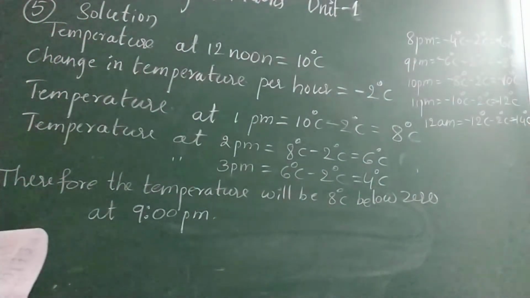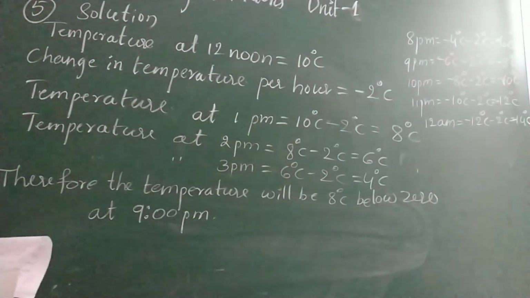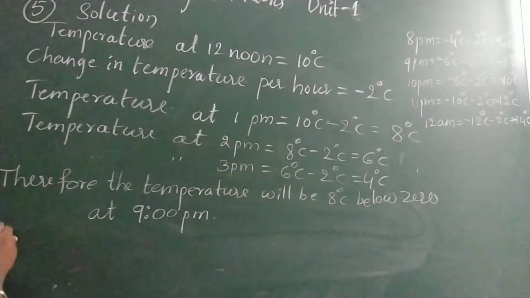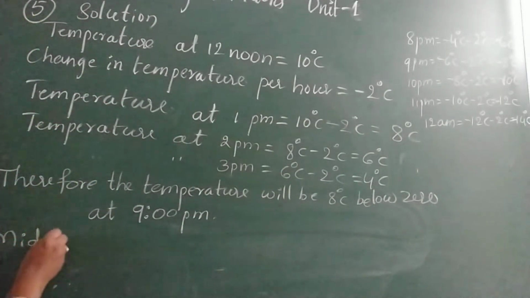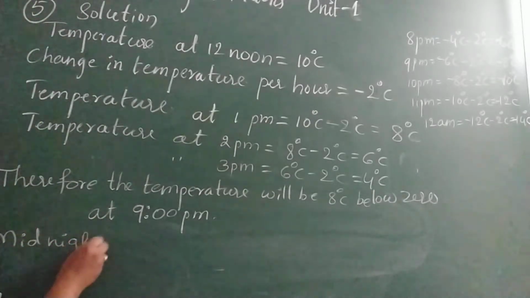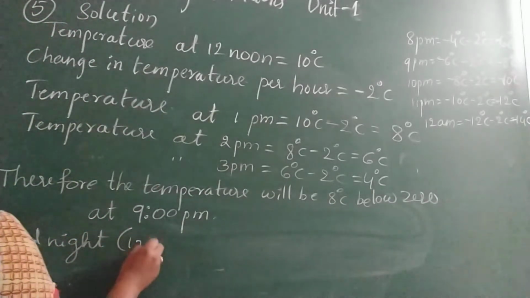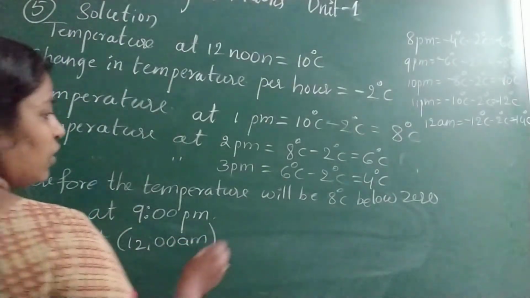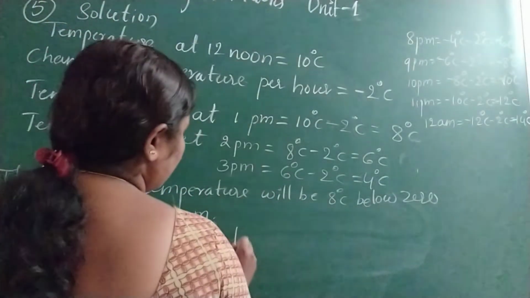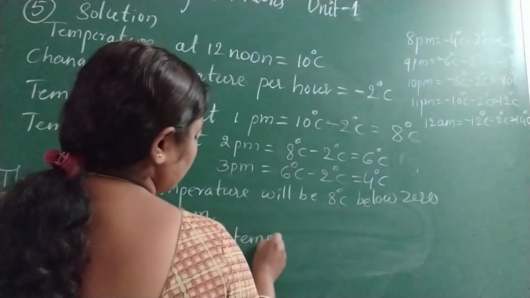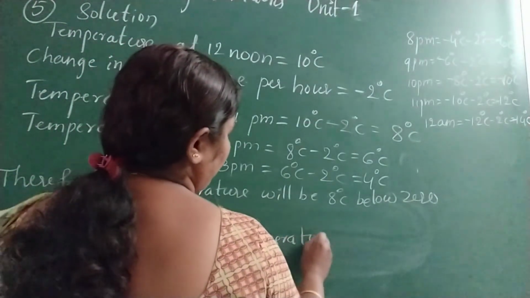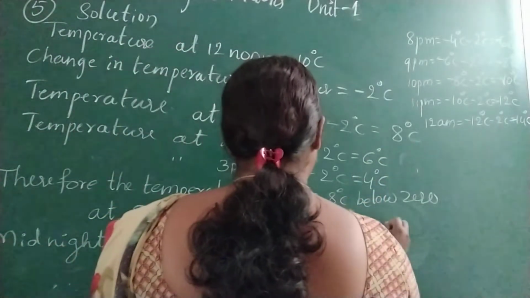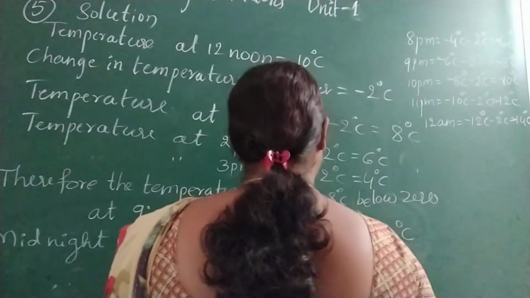It will take 12 hours to reach midnight, that is 12 a.m., after 12 noon. So at midnight, 12 a.m., the temperature is minus 14 degrees Celsius.